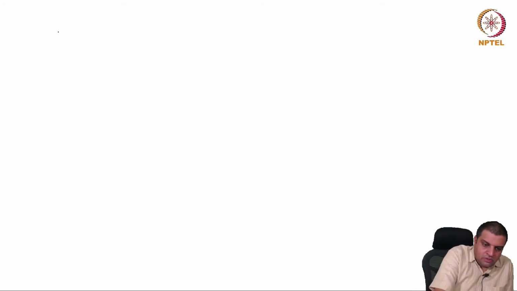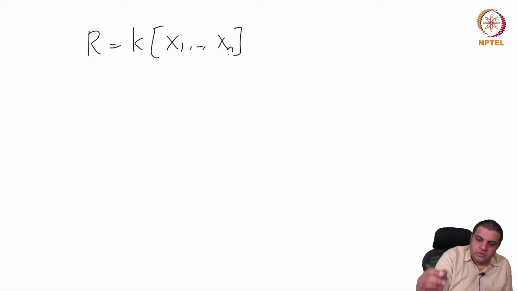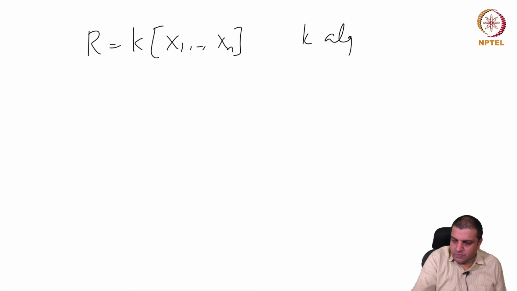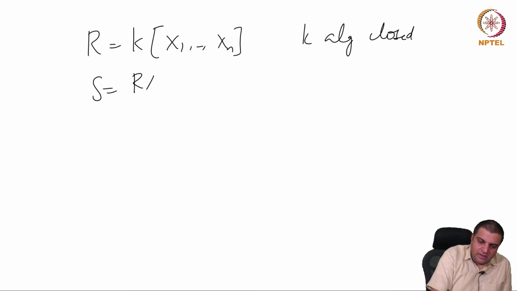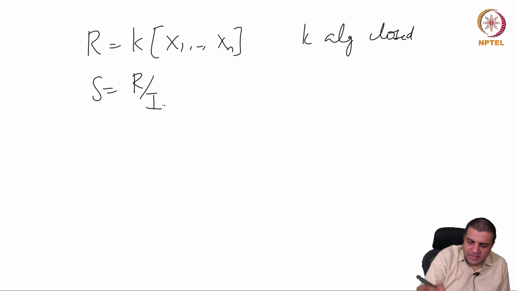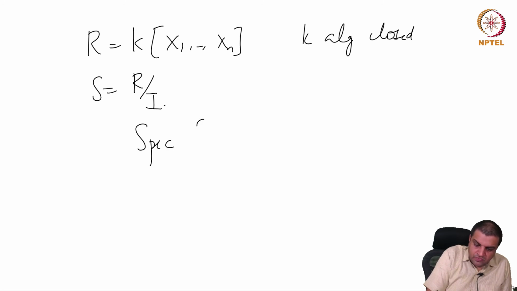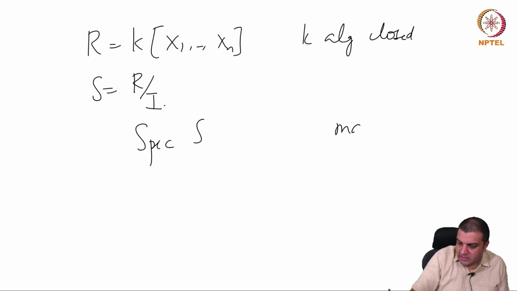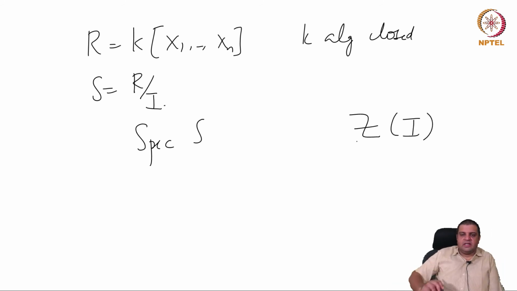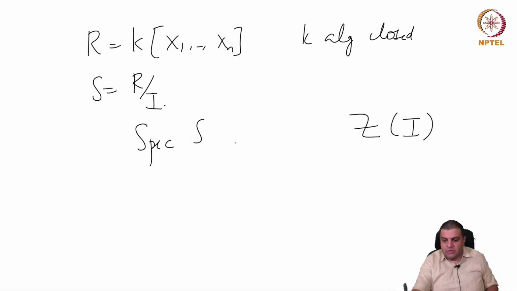Okay, so now, again we have S. R is a polynomial ring, algebraically closed. Okay. S is R mod I, I is some ideal, and we have spec S and we have max spec, we have Z of I, which is identified with max spec and is now a subspace of this.